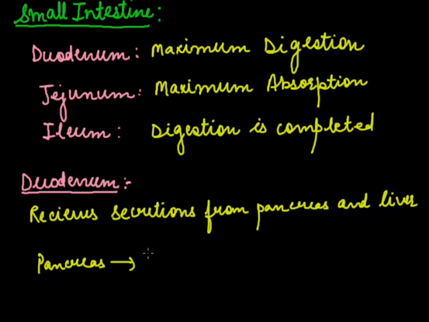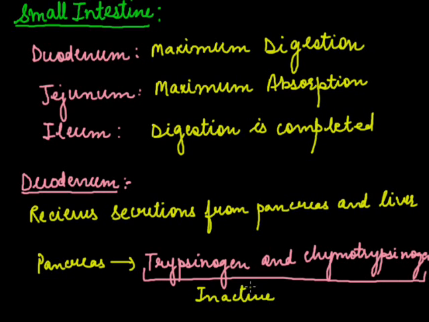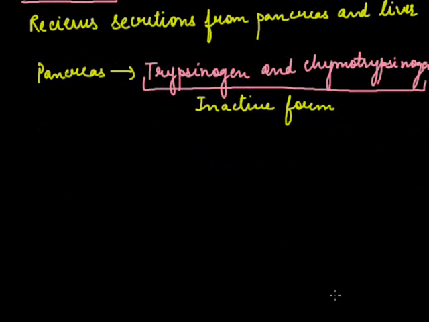Pancreas releases trypsinogen and chymotrypsinogen. These are again in inactive form, right? And the secretion from the liver is bile juice.